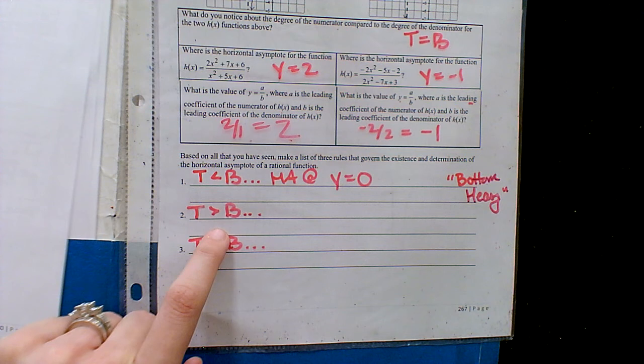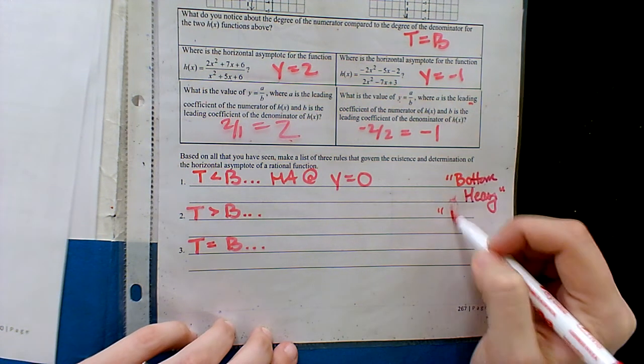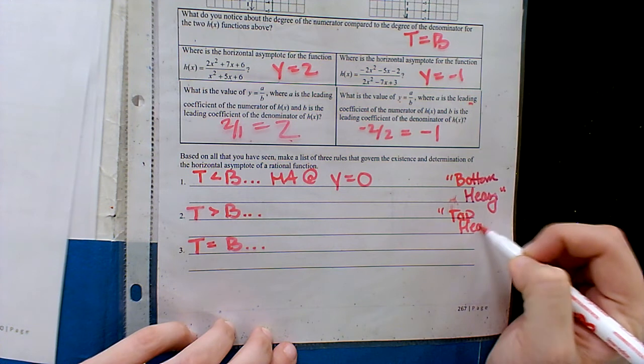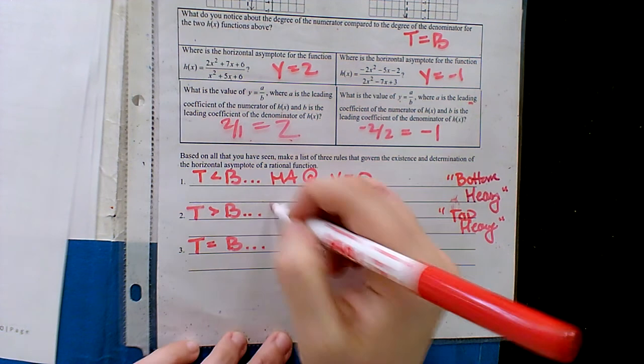If we flip it, though, if the top degree is more than the bottom, sometimes you might hear me refer to this as top heavy. Kind of a quicker phrase. What happens with our horizontal asymptote in this case? Yeah? There isn't one.